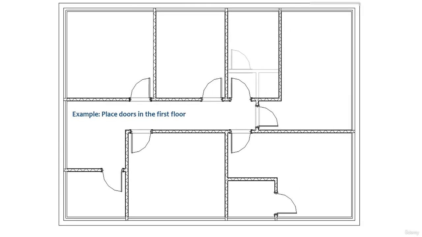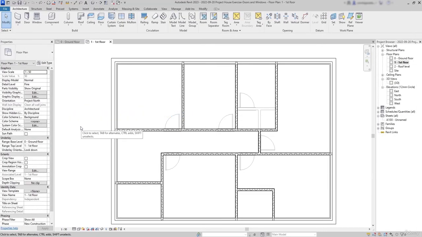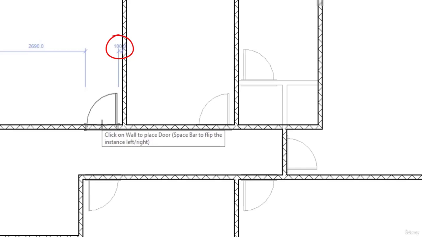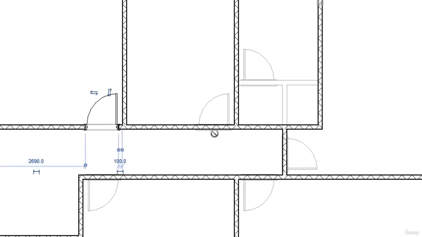Now, I want to give you a suggestion to draw the doors in the first floor. Open the view and follow the same process. Then, as some of the doors are exactly in the same position, just go to the shadow and make sure the distance to the wall is the same as the floor below, in my case 100 mm.